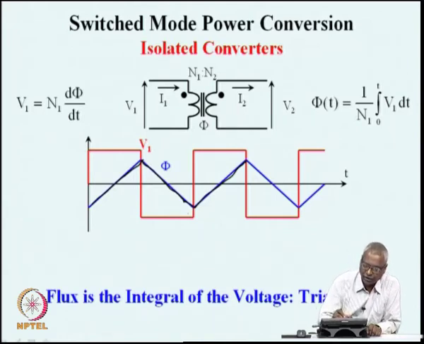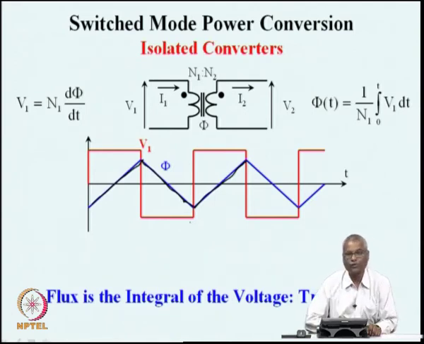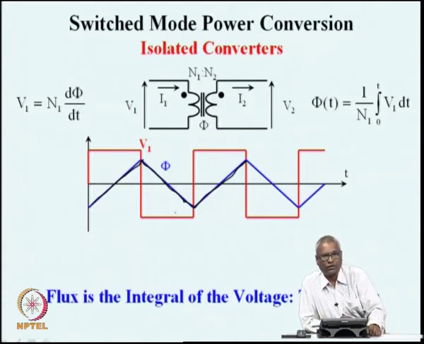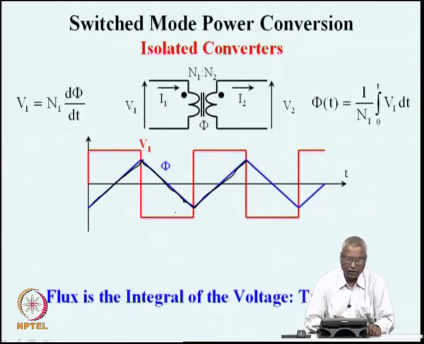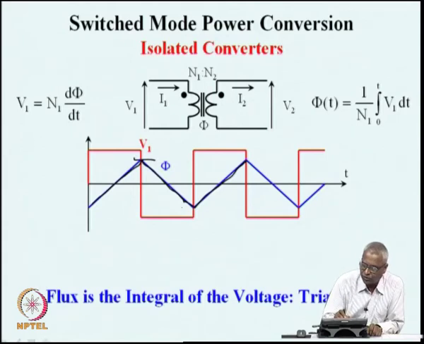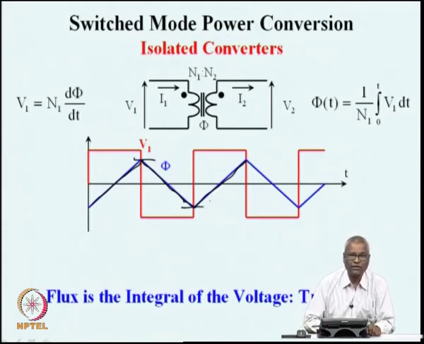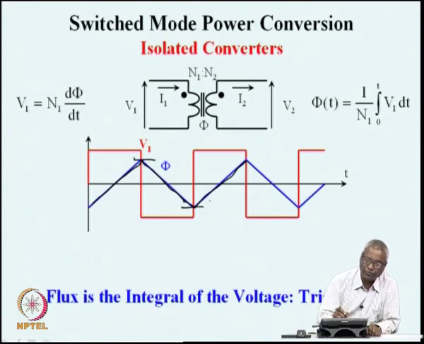And in the negative half, the flux has a negative slope and a constant slope, and you see a negative voltage applied to that. If the average voltage is 0 and if the time periods are half, then V1 and minus V1 are equal. So, the net average voltage applied to the transformer is 0 over a period, and because of that the flux swing is symmetrical. In such a transformer, the flux swing is plus phi by 2 and minus phi by 2.